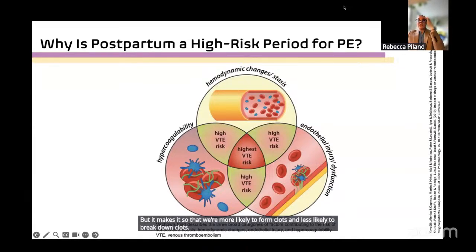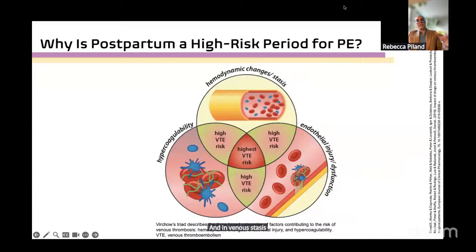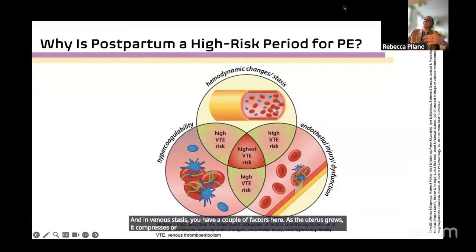And in venous stasis, you have a couple factors here. As the uterus grows, it compresses our major blood vessels, it compresses the IVC, especially in the femoral vessels as well. Also these patients are more likely to have less mobility, and they also get venous pooling as they get swelling in their lower extremities.